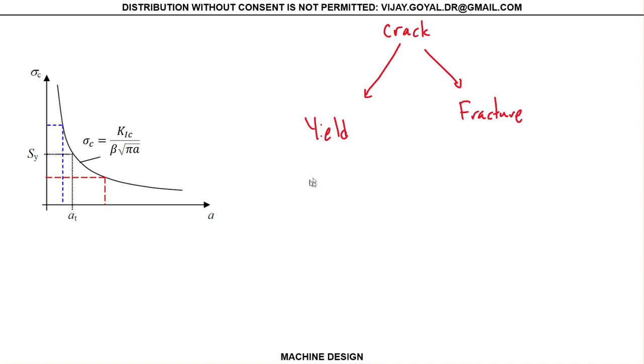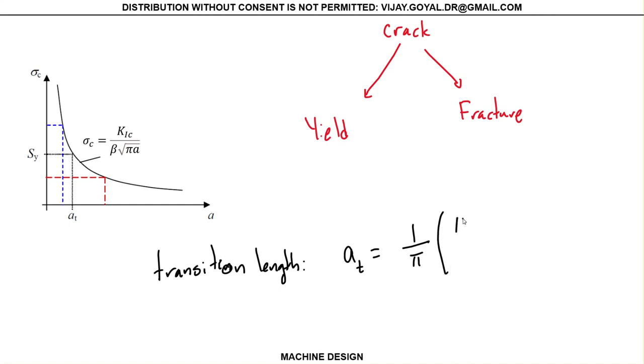Let me write it down here. Transition length. Okay, and that transition length is equal to 1 over pi times KIC divided by sigma yield, squared. Okay, this is the transition crack length right here.